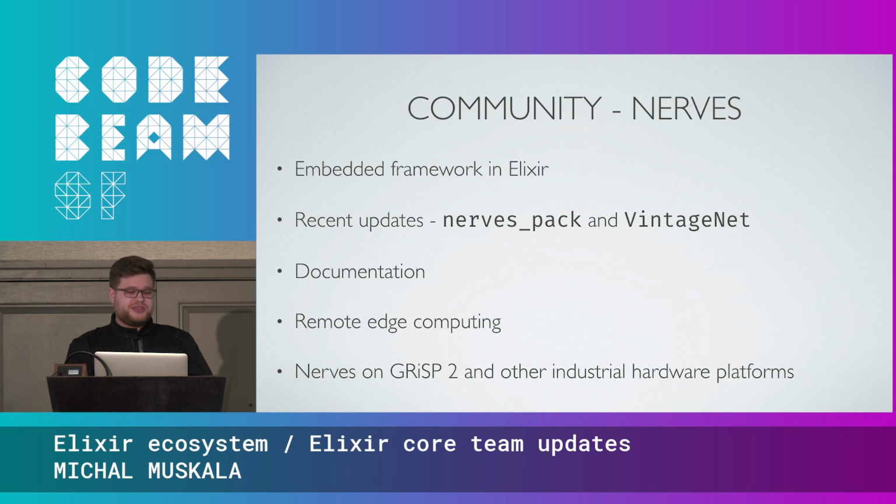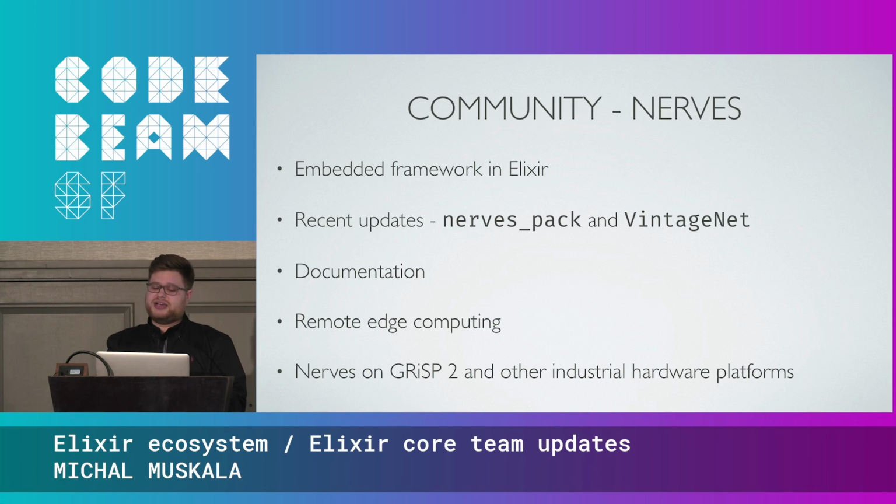I also talked a bit with the Nerves team. So Nerves is an embedded framework for Elixir. The two big changes were the Nerves pack and the VintageNet projects. Nerves pack is kind of a boot system for Nerves applications that brings networking, DNS, SSH access, firmware updates, and all of that stuff.